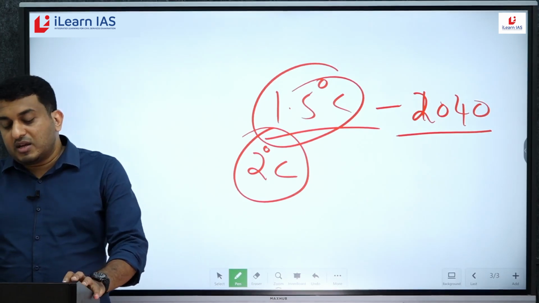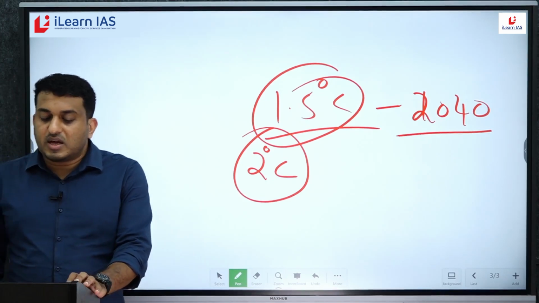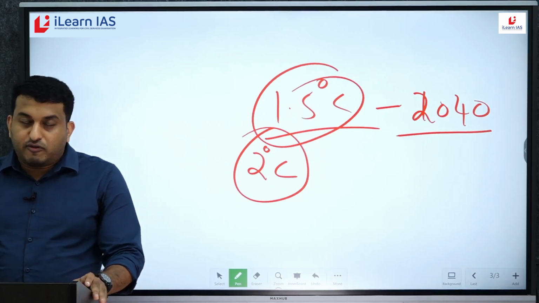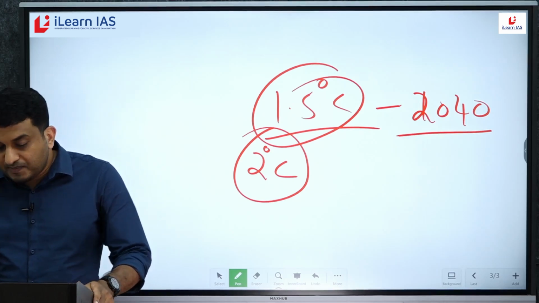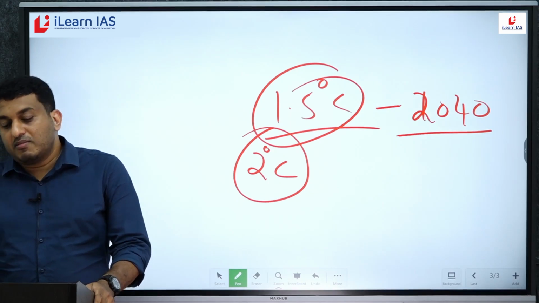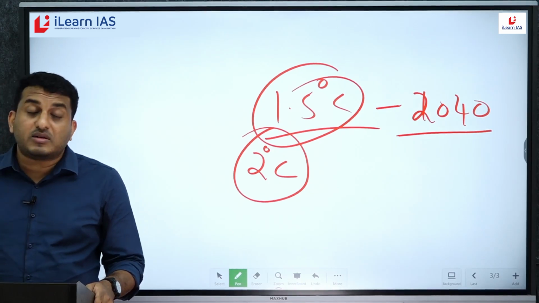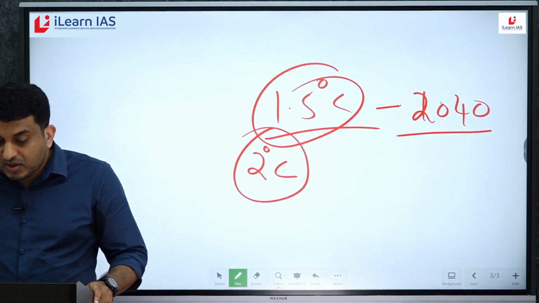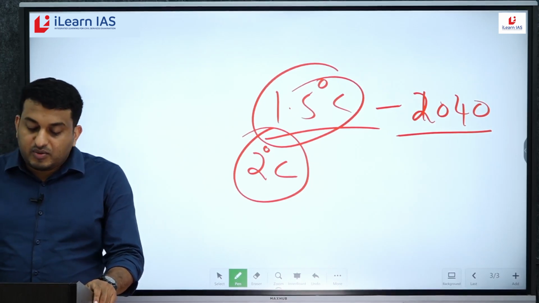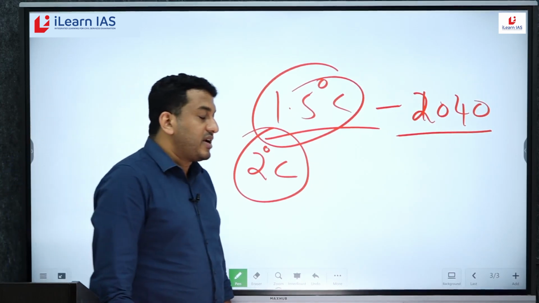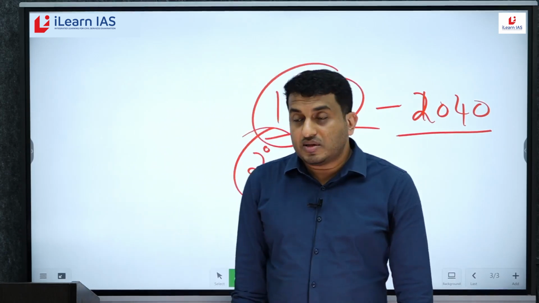So what does the Paris Agreement say? The Paris Agreement entered into force in November 2016 after ratification by at least 55% of the countries. India signed and ratified the Paris Agreement in 2016.